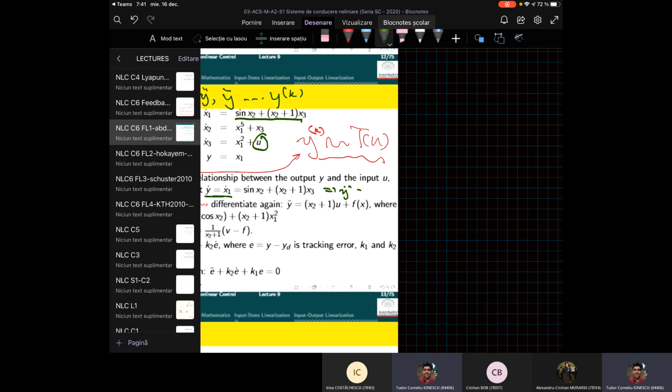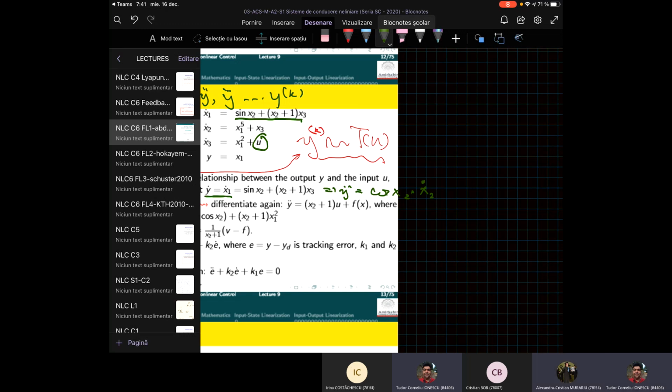And y double dot is cos x2 times x2 dot plus x2 dot plus 1 times x3 plus x2 plus 1 times x3 dot. Do you see the green letters?